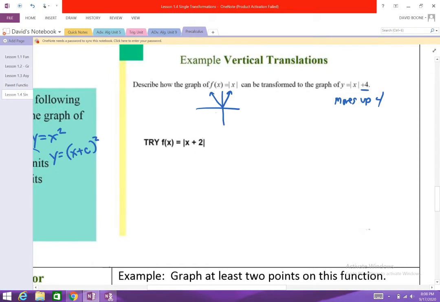This one down here is inside the parentheses for absolute value, so you've got to think opposite. And it's inside by the x, so it's moving in the x direction, either left or right. People think the plus is moving it to the right, but remember, think opposite. So this actually moves left 2 units.